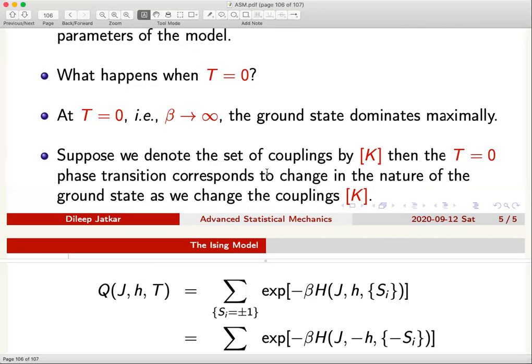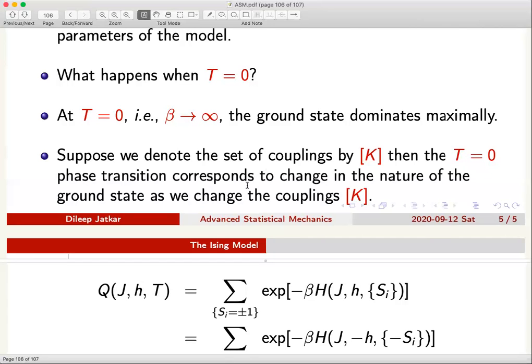Clearly in this case, the availability of various possible microstates is not of any importance at all, because that number is not playing any role, since there is no energy available to transit from one state to another.